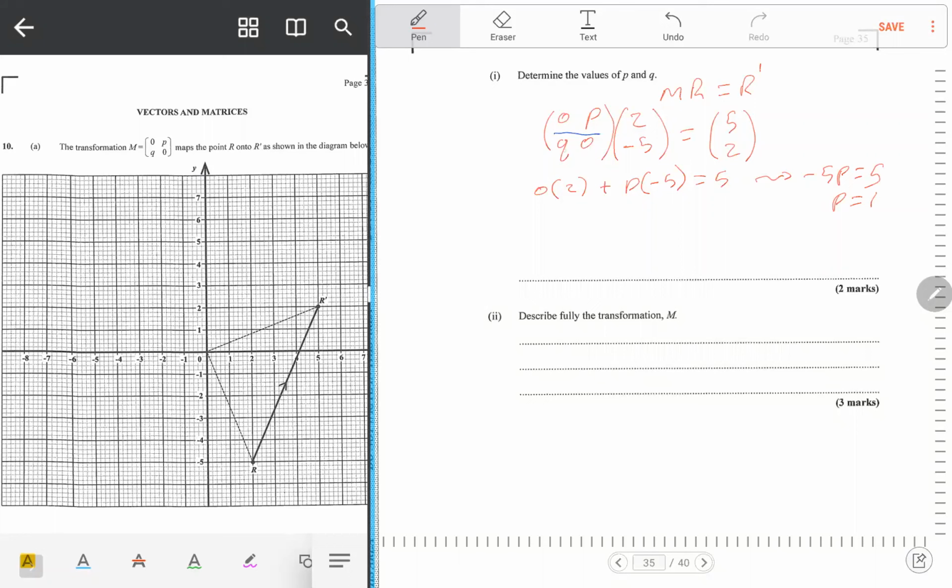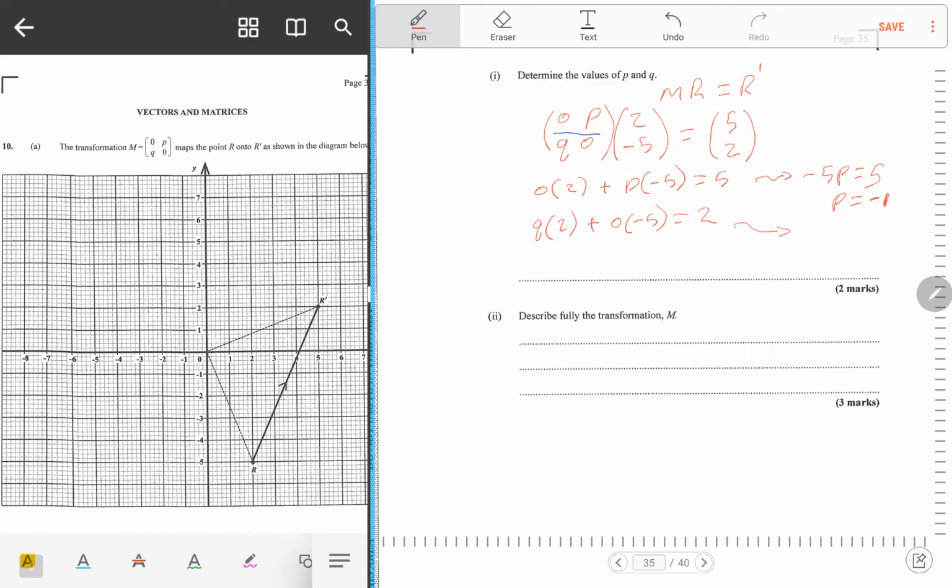Similarly, the second row times the column is equal to this value: Q times 2 plus 0 times -5 equals 2.